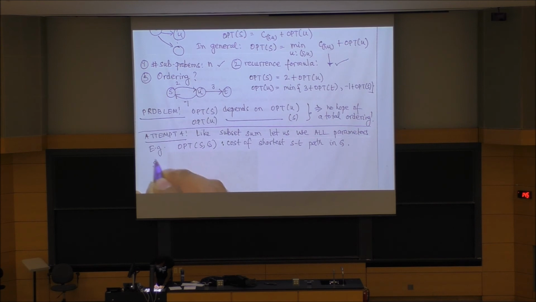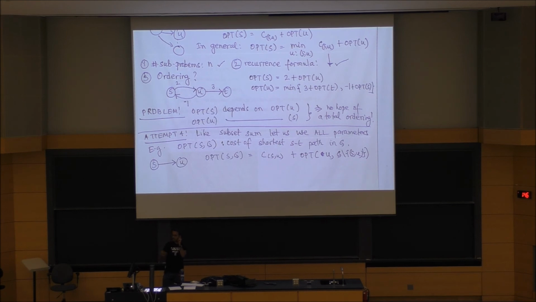So again, if you had an edge from S to U, you could say opt of S comma G is cost of SU plus opt of U comma G, where you actually drop this edge SU. So I have another subproblem, and I'm now making progress, right?